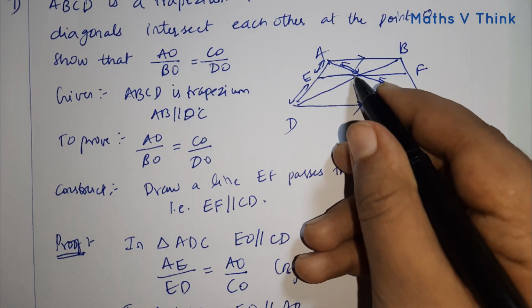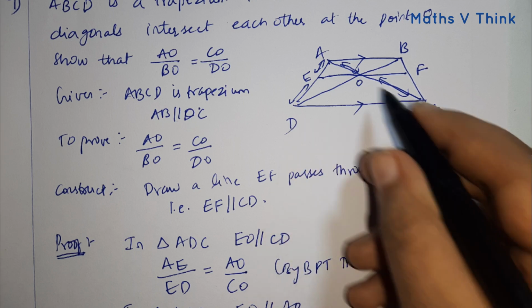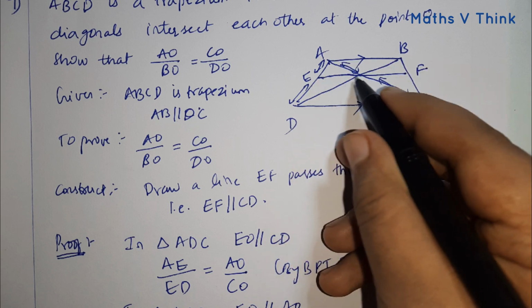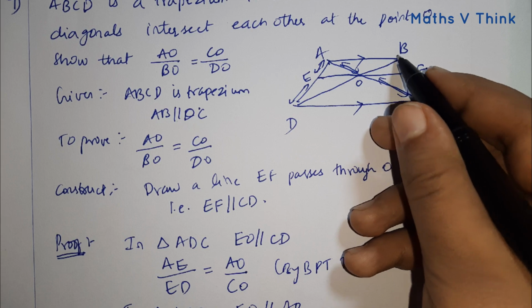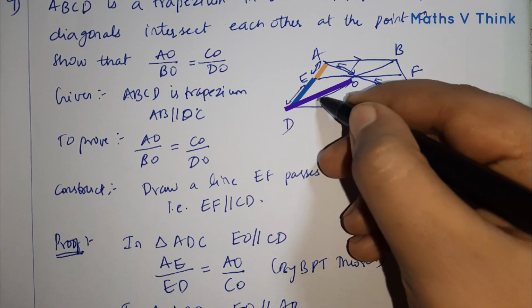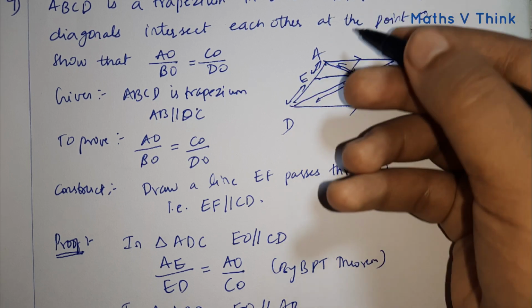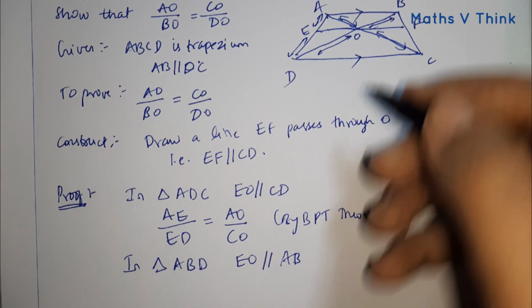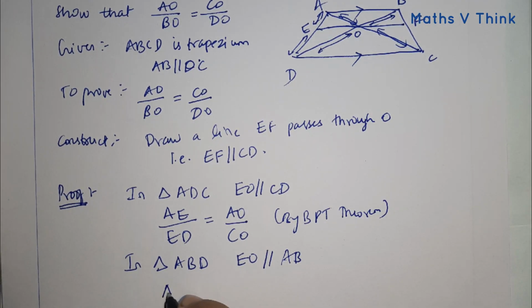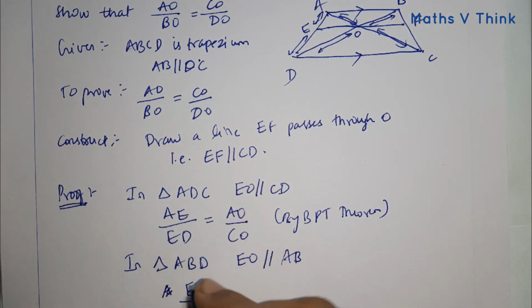We have drawn a line such that it is parallel to DC, and even DC is parallel to AB. So obviously this also will be parallel to AB. So I can tell this by this is equal to this by this. You need to see reverse from that side. So I can tell ED by, I am writing AE. Why? Because here also AE.